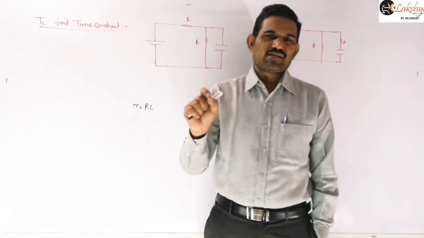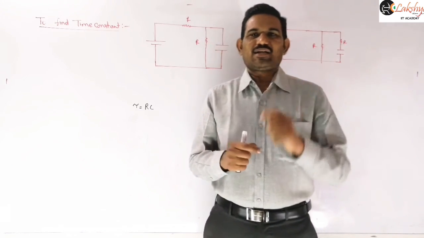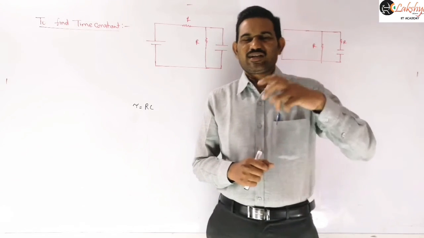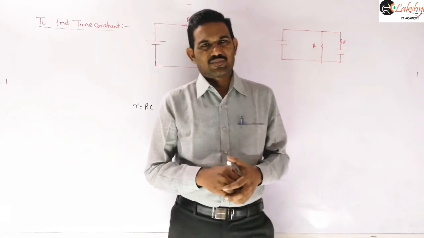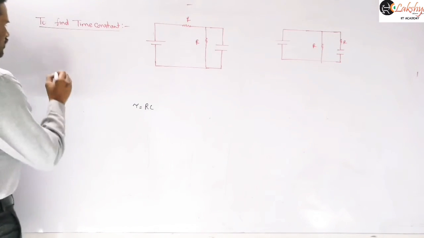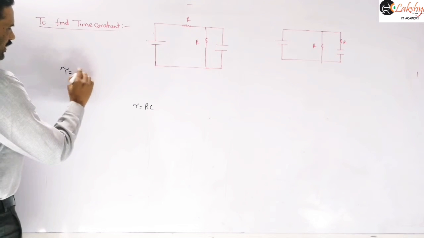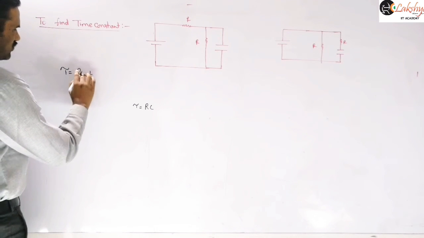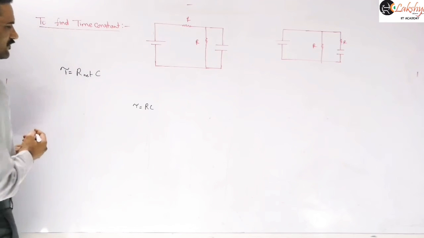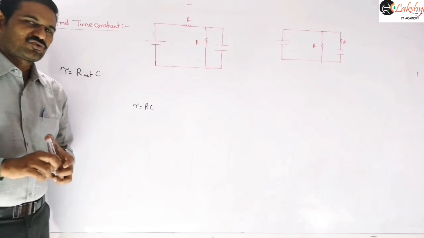We need to replace all the cells present in that circuit by a conducting wire, right? Then find the effective resistance across the capacitor, so that we can write the time constant as R net or R effective into C. And in some cases two or more capacitors may also be included.